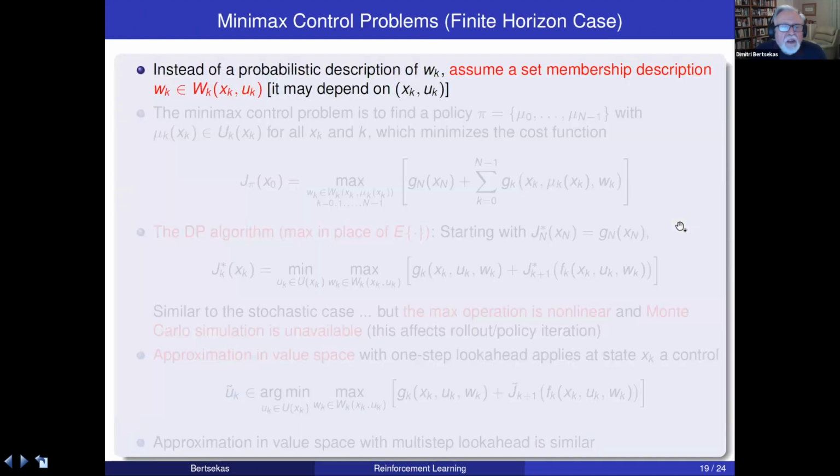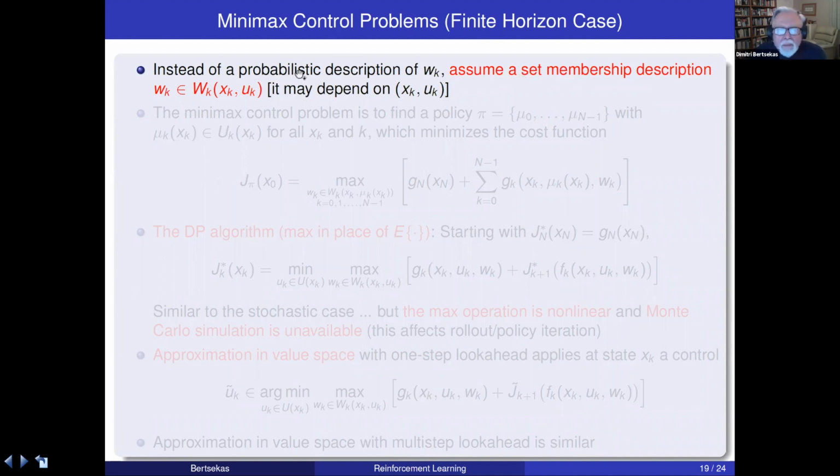So let's go into the mathematical description, and I'm going to talk about finite horizon problems. The infinite horizon problems are very similar, along the same lines as finite horizon stochastic control versus infinite horizon stochastic control. So in terms of problem formulation, everything is the same.